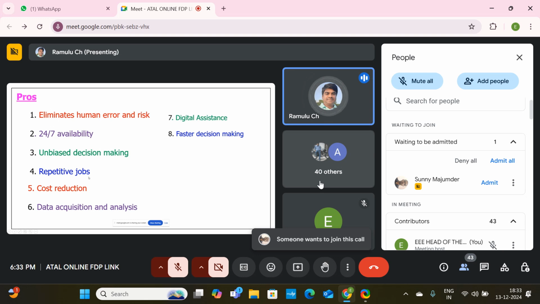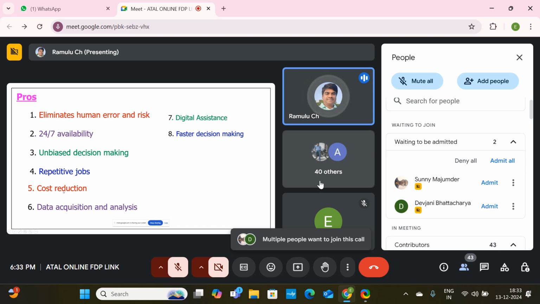Then repetitive jobs are possible with the help of this, and cost reduction. No doubt, suppose to do one particular task the human involvement is 10 people, but with one machine, one AI algorithm, we can work in less time. Therefore, cost reduction comes into the picture. Data acquisition and analysis are possible: getting big data, reading the data, and making fast decisions according to the requirement.